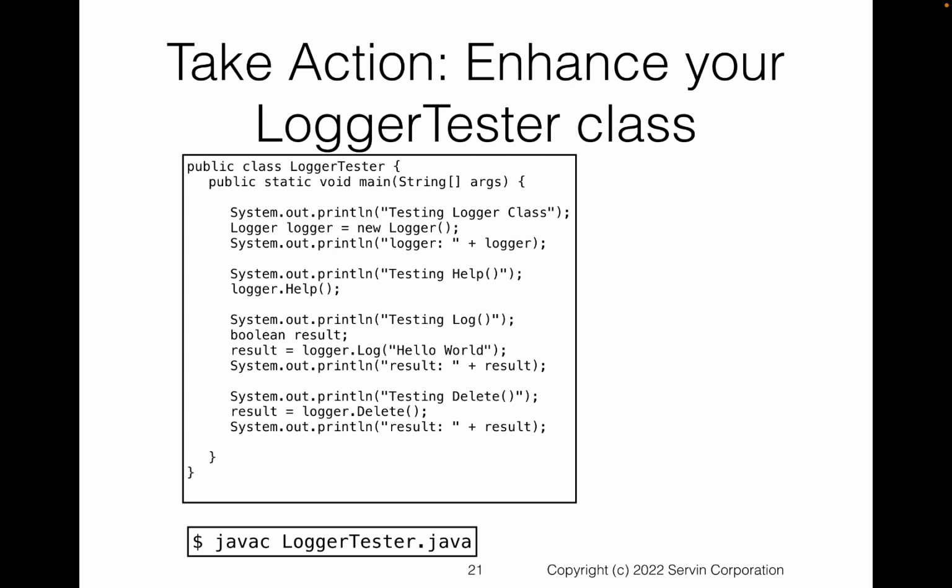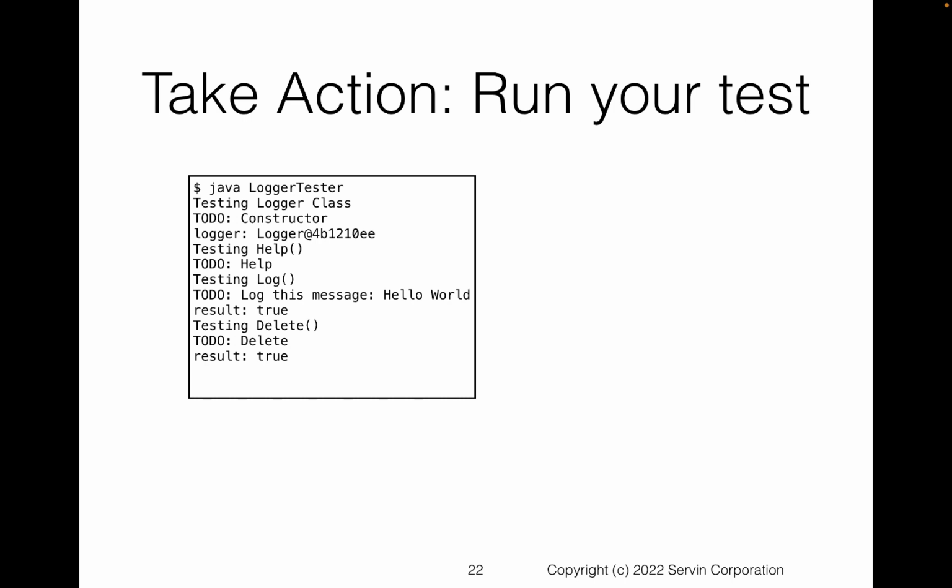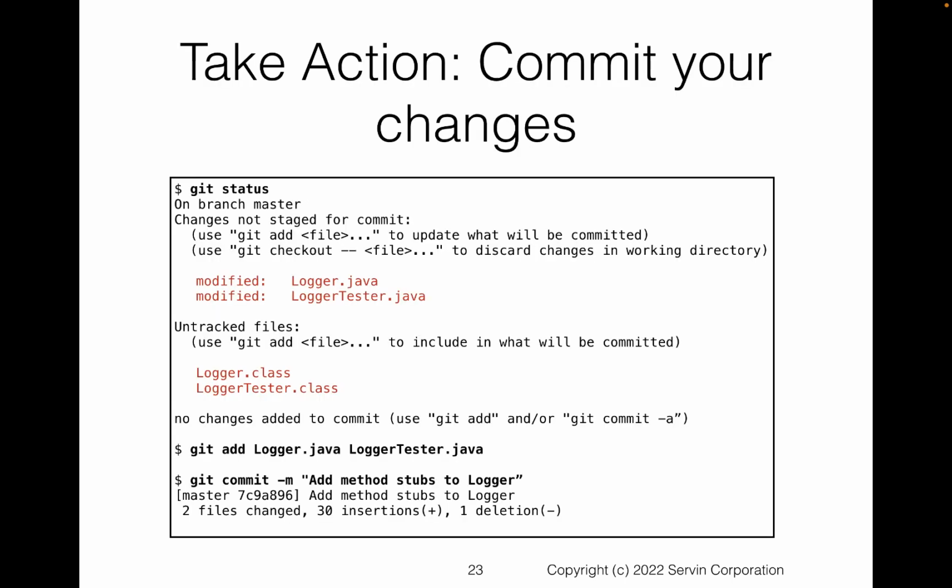The idea is we've updated our test code to match our code that we're testing on the logger. So we go ahead and compile that. At this point we can do our first run, so we do java LoggerTester. Notice we see our print messages come to the screen. So far so good.